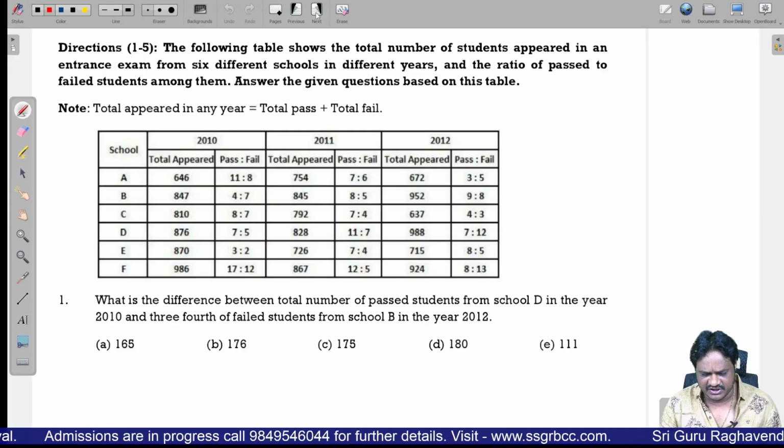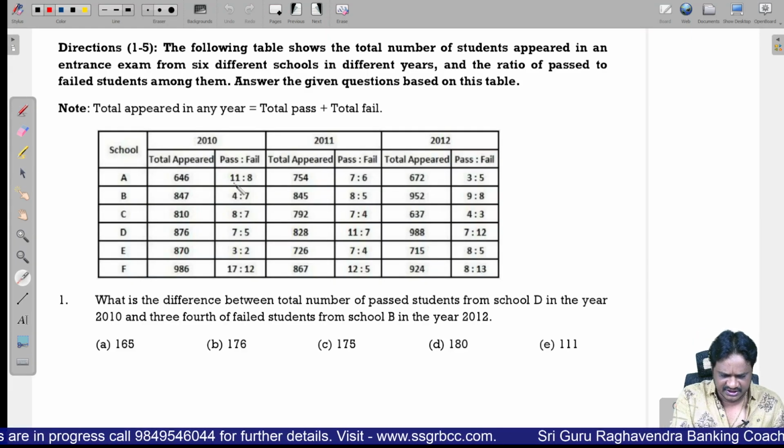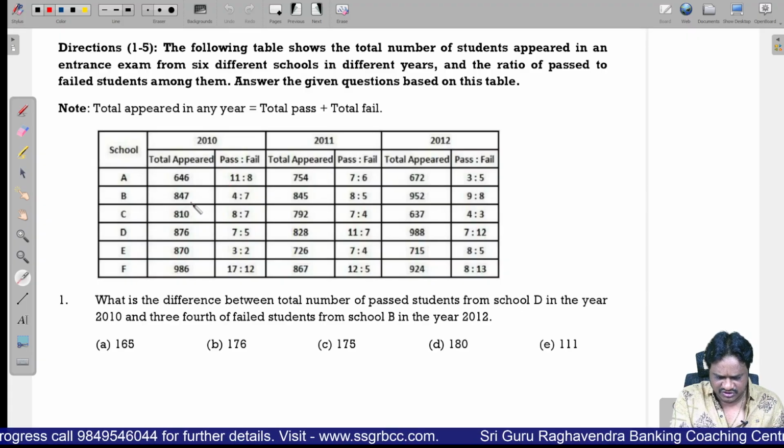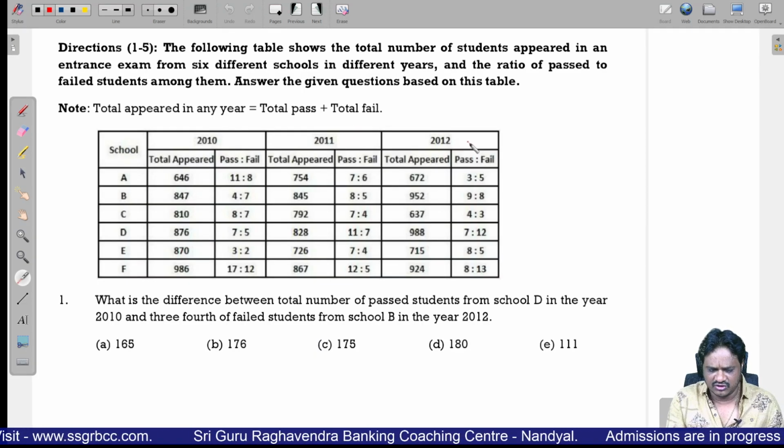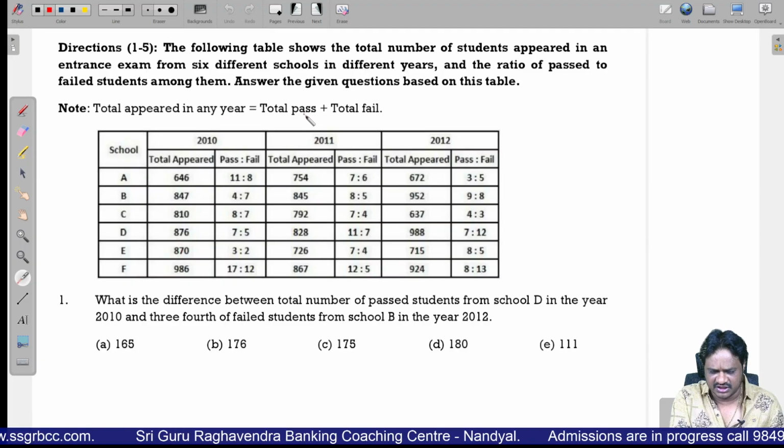For example, appeared is 646, pass and fail is given in 2010 as 11 is to 8; B 847, pass is 4 parts, fail is 7 parts. Like that you are given 3 years, 2010, 2011, 2012. Total appeared in any year is nothing but total pass students plus total fail students.